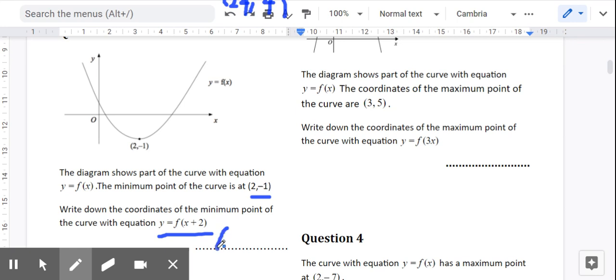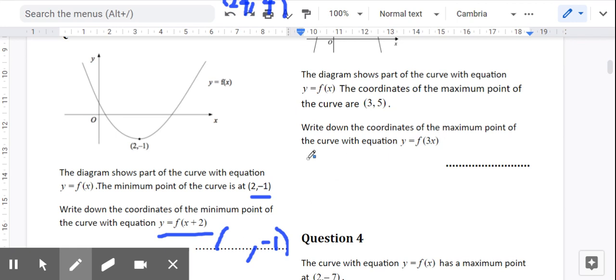Now think about what is the effect of plus 2 inside. I mentioned earlier about the inverse effect. So rather than plus 2, you can do minus 2. So 2 take away 2 gives you what value?